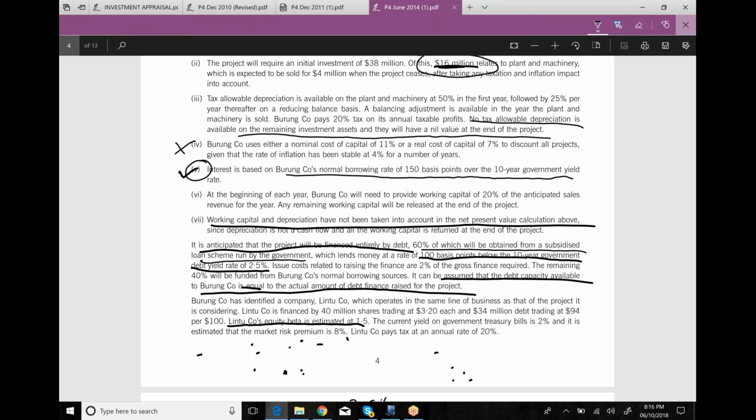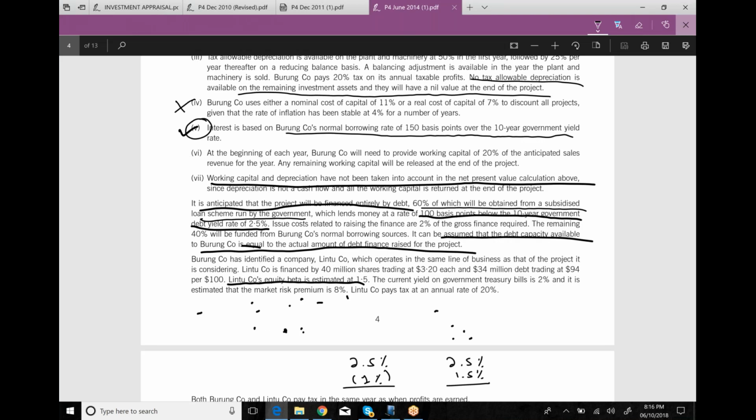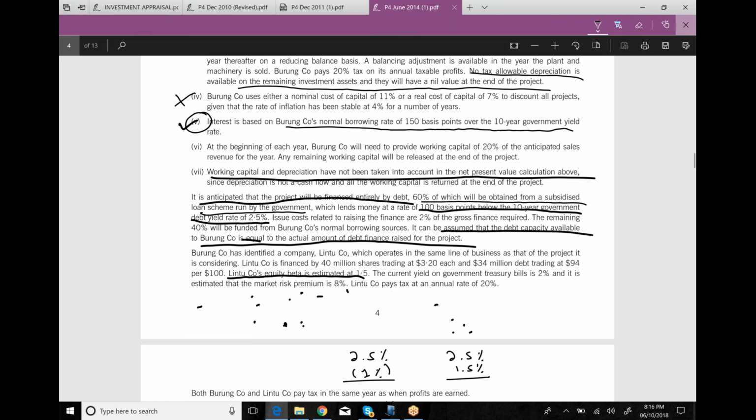So add 1.5%. So it means they can borrow at 4%, right? Then the normal borrowing rate is 4%.